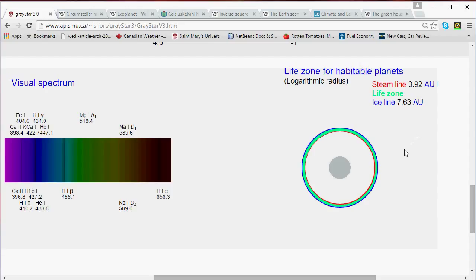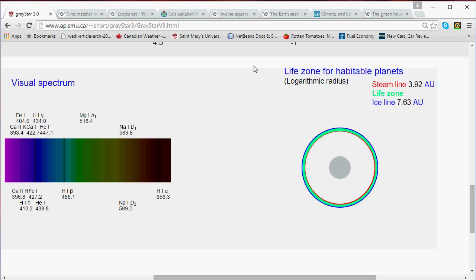Okay, now does that make sense? Well, we've made the star much more luminous, 16 times more luminous. If the planet had stayed where it was before at 1 AU, then it would be intercepting much more flux from the star, and its surface temperature would be very high, above the boiling point of water. So what has to happen in this case is the planet needs to move out to a greater distance where it will be intercepting less flux.